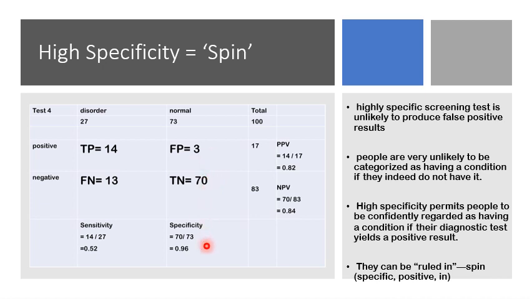It has a specificity more than 90%. But because there is very high specificity, you would also expect to have few cases of false positive. So if the test number 4 results were positive, it's much more likely to be true positive than false positive, because false positive by definition here are reduced compared to the true negative.